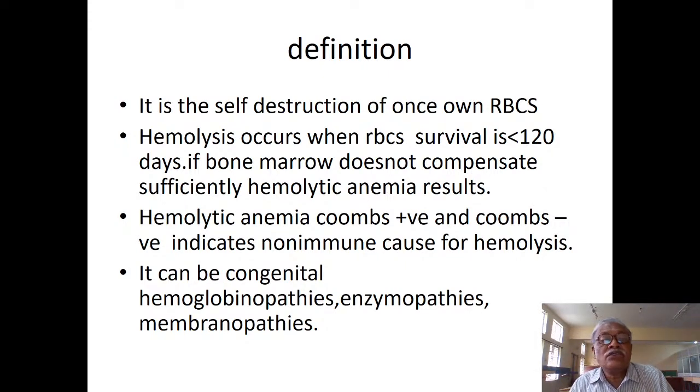survival is decreased to less than 120 days. Normal RBC lifespan is about 120 days. The hemolysis usually occurs when the lifespan of RBC comes down, and if bone marrow does not compensate sufficiently, hemolytic anemia results.